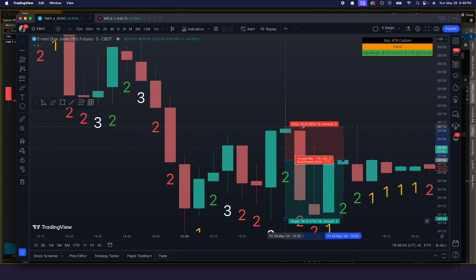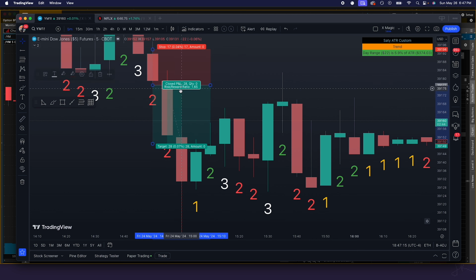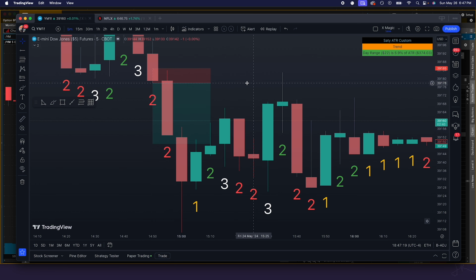My stop loss will be above that candle, and then my take profit would be down there at the wick or the body, whatever you want. So in this case for futures, my stop loss is 17 points on this specific setup. However, of course, that can vary. If I took this two down right here, the stop loss would only be 7 points. So you're going to get a lot of inconsistencies with your stop loss if you're trading strat with futures.